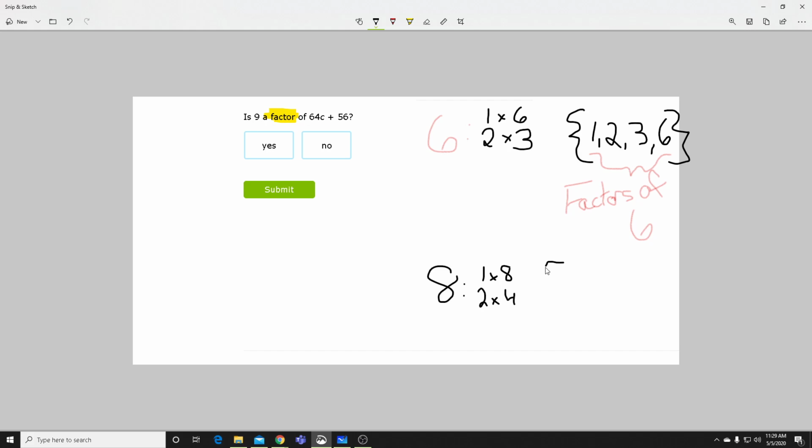So our factors would be 1, 2, 4, and 8. So down here, these would be the factors of 8.